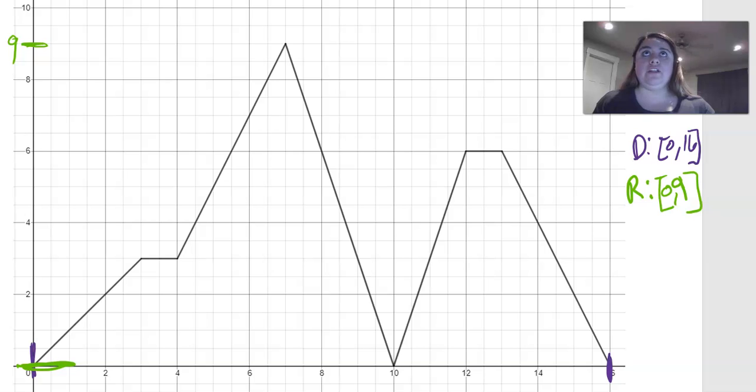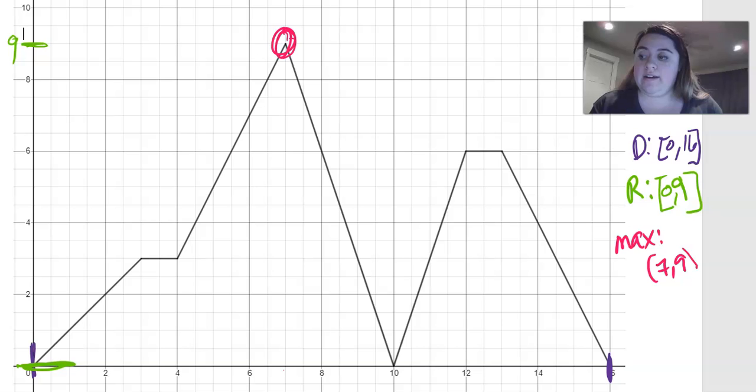So if my given function has a highest point at 17, 25, then 17, 25 is my maximum. Looking on my graph here, though, if I go over to 7 and then up to 9, I reach my maximum. So my max is at 7, 9. We're going to write that as a coordinate point and not an interval.